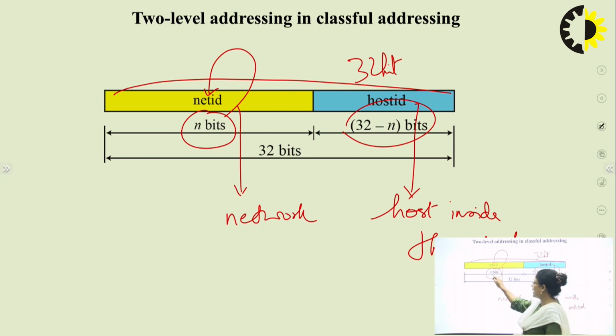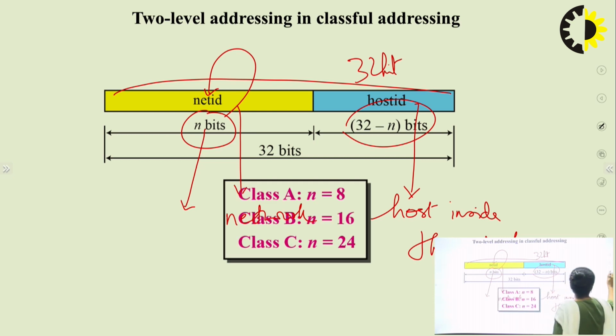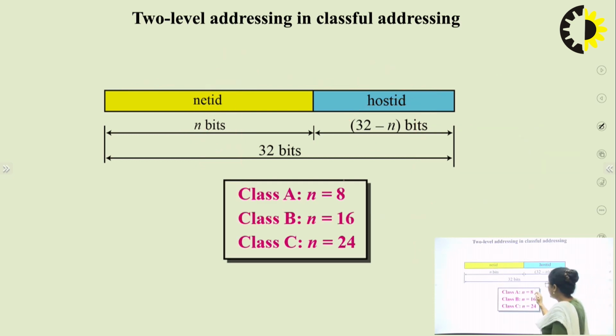This value of n will differ based on which class of addressing we are using. If we are looking at class A, the value of n is 8. That means 8 bits will be used for the net ID, and the remaining 32 minus 8, that is 24 bits, will be used for the host ID.